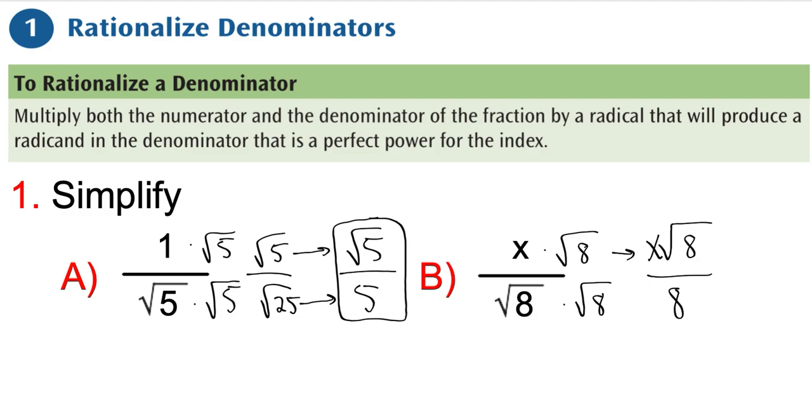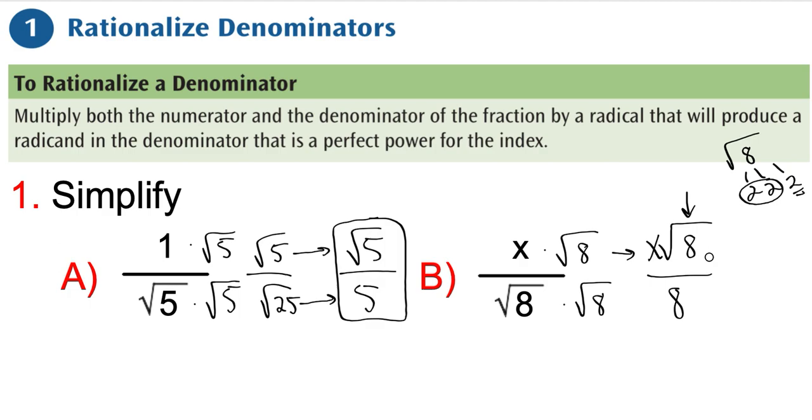Okay? Now, then you've got to ask yourself, am I completely simplified? So square root 8 right there is not simplified because we can break that down. That's 3 2's. So a square root, you're looking for 2 of a number to bring out, and then that one stays underneath there.